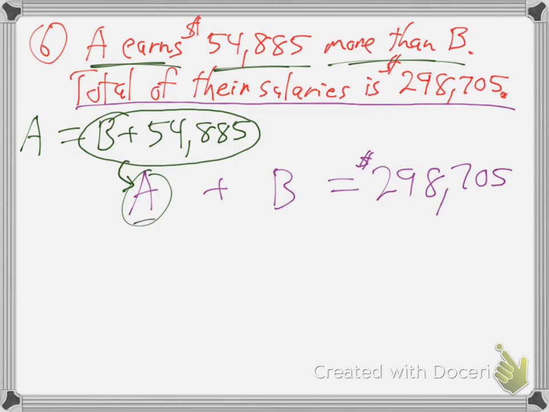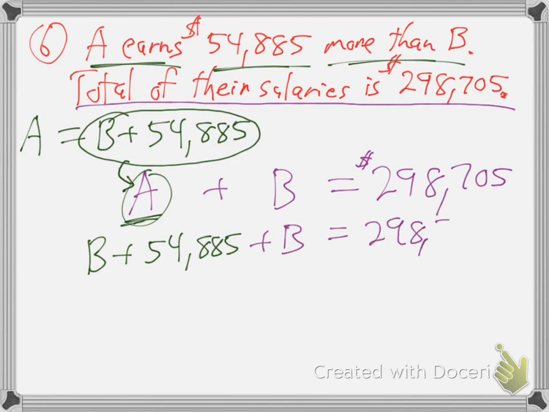All right, so here in the A spot, it's going to be B plus 54,885, plus B is 298,705. Is that making sense?